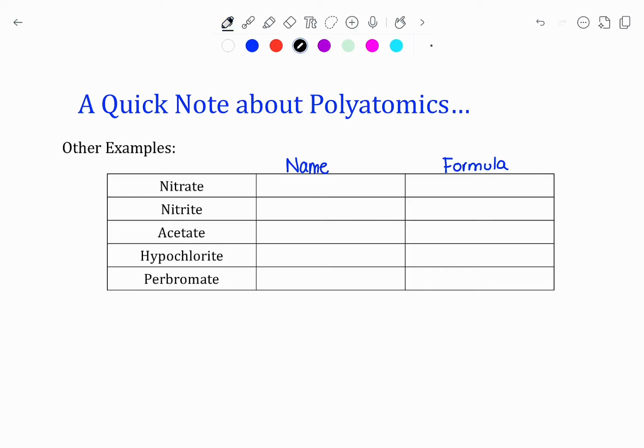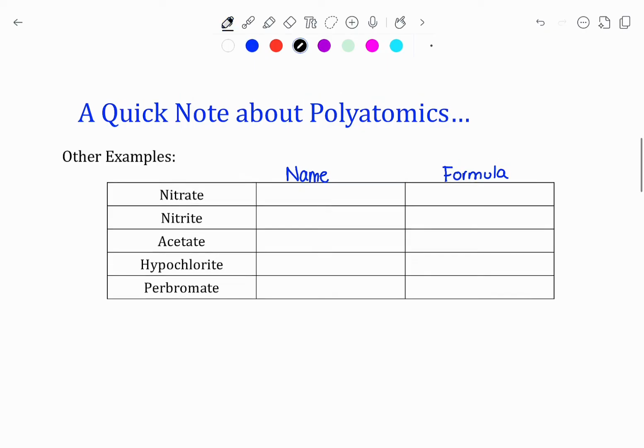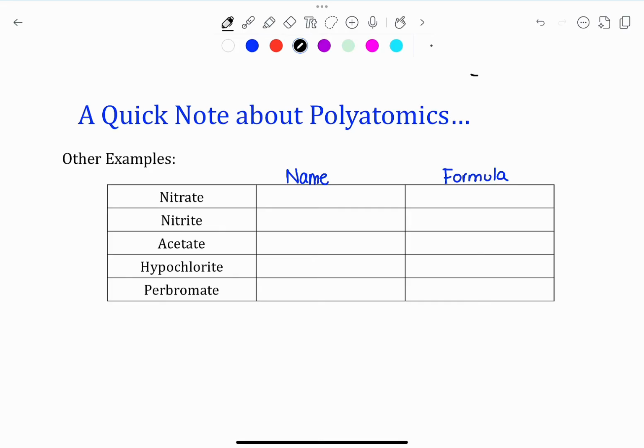So we have nitrate. We want to remind ourselves that if this is an ate ending, ATE, we're going to change to ic. And if it is ite, we're going to change that ending to us, OUS. Okay, so nitrate is going to become nitric acid.